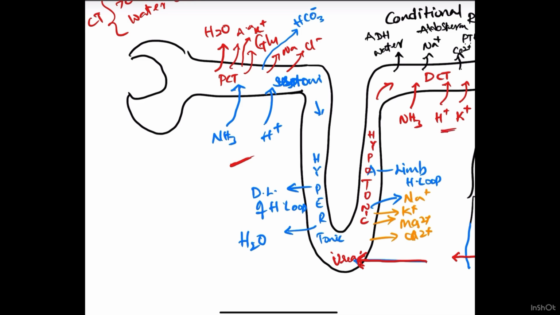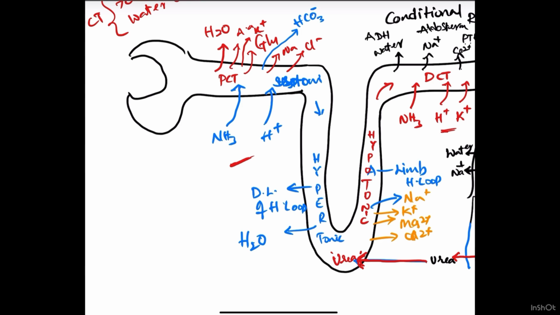And what about the collecting duct? In the collecting duct, water reabsorption can be seen, and some of the ions like sodium reabsorption can be seen, as well as urea reabsorption.